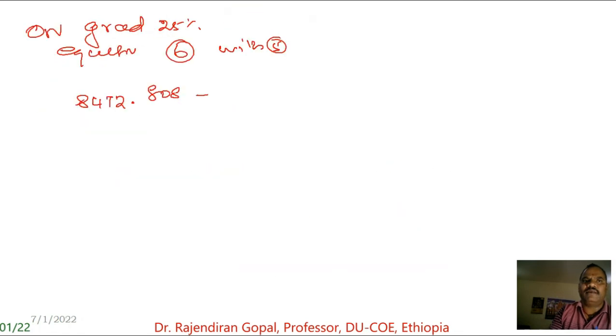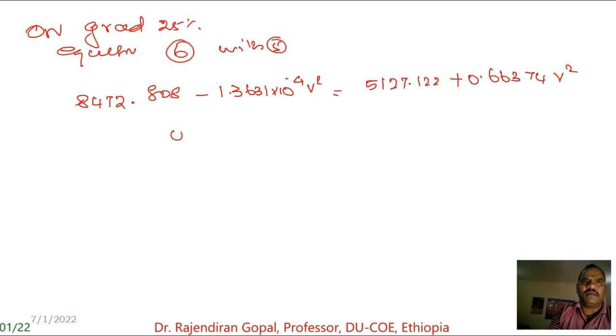On grade 25%, equating equation 6 with 5, the resistance with grade, that is 8472.808 − 1.3631 × 10^-4 V² = 5127.122 + 0.66374 V², that is 0.66387 V² = 3345.684.